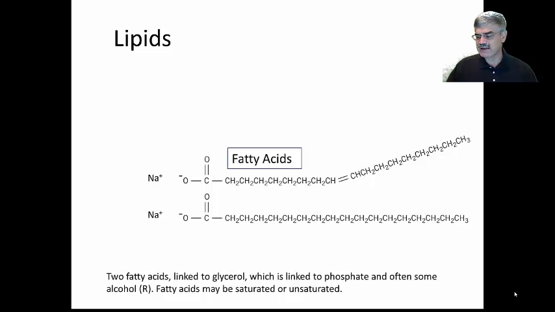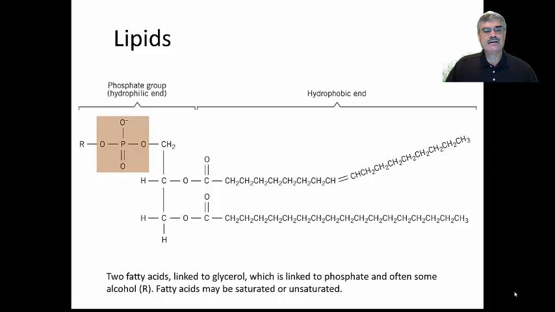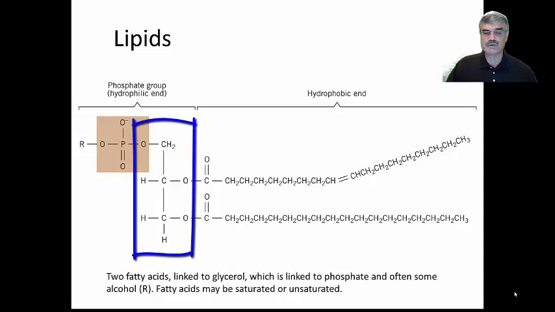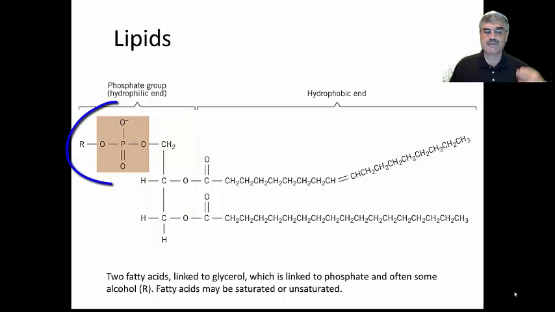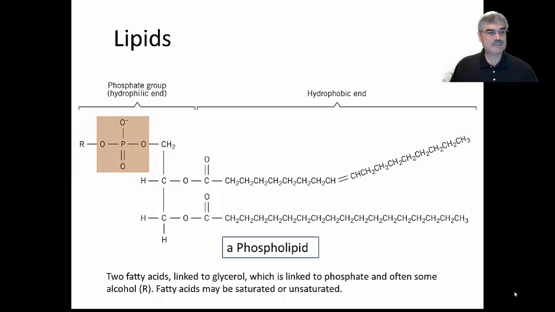Now, while these are fatty acids, more importantly, the fatty acids can combine, form bonds to something called glycerol, which is a 3-carbon unit, and to something called phosphate, which is shown in the tan, to form a kind of molecule called a phospholipid.